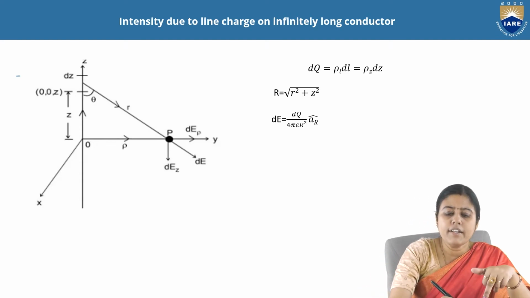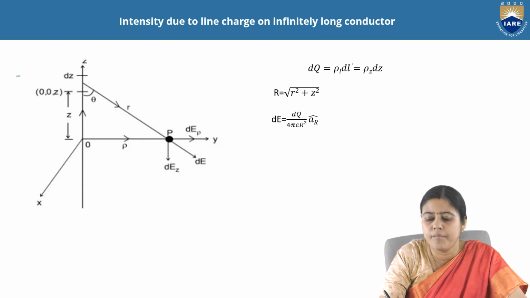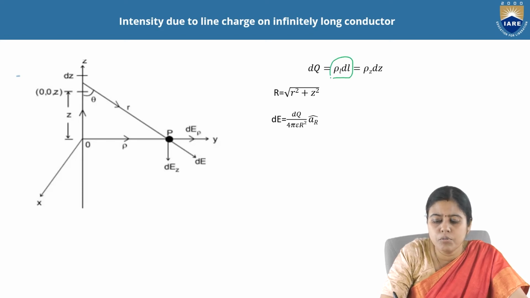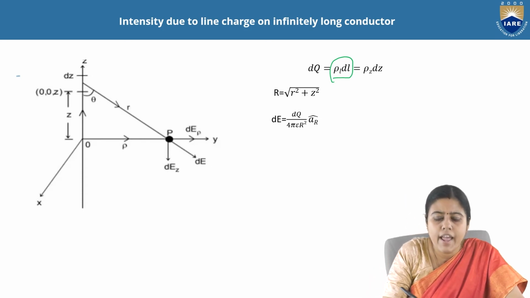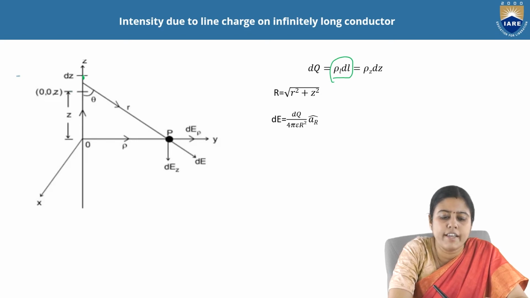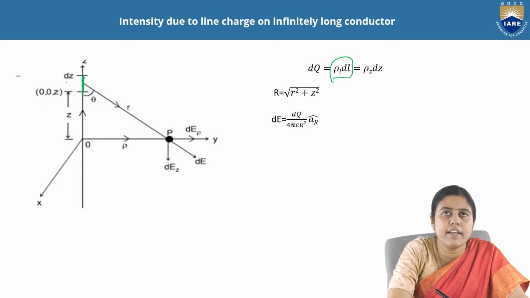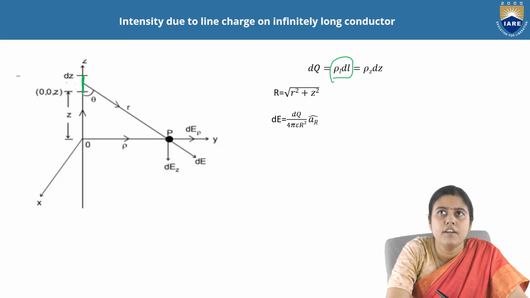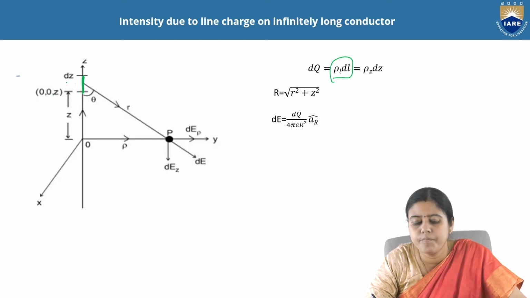So we are assuming that the charge density over this long conductor is rho L. We have discussed in the previous slide, dq is equal to rho L dl. And taking this small length dz at the point 0, 0, z, so rho L dz.